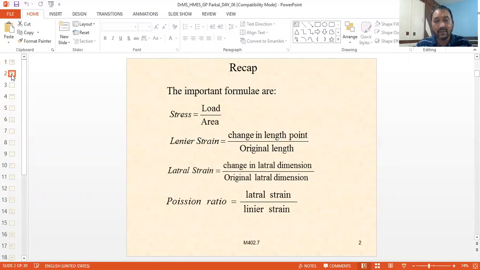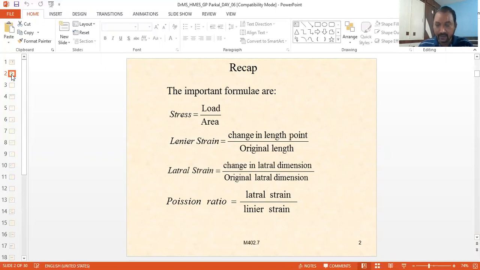In the last classes, we have been discussing stress, strain, that is linear strain, lateral strain, Poisson's ratio, and the volumetric strain also we have studied.